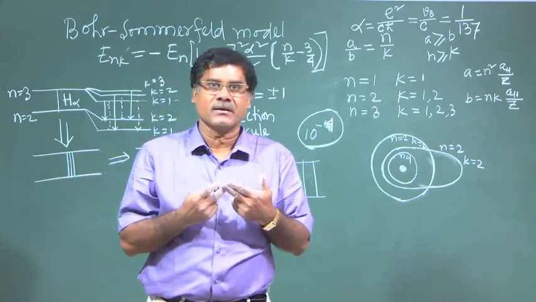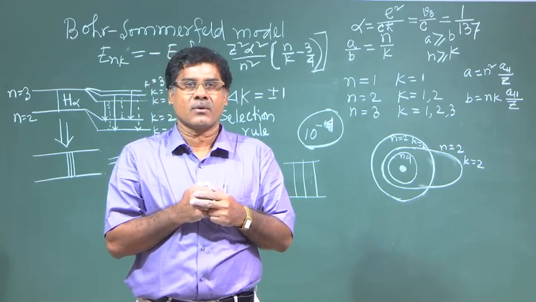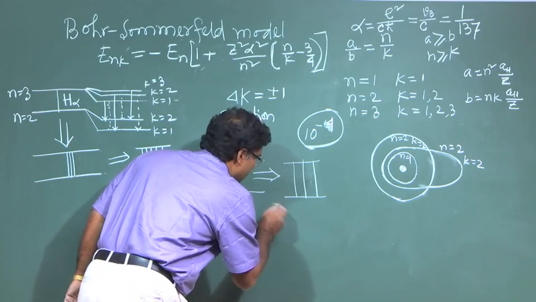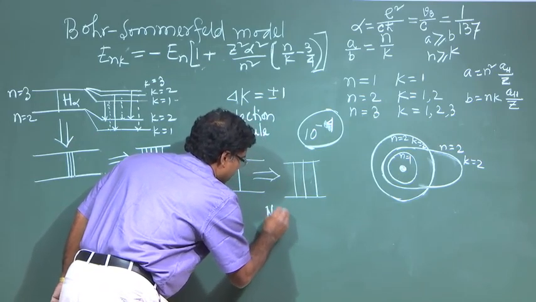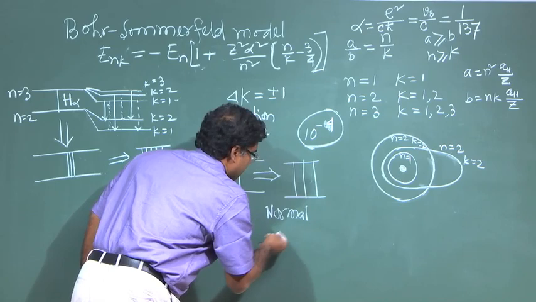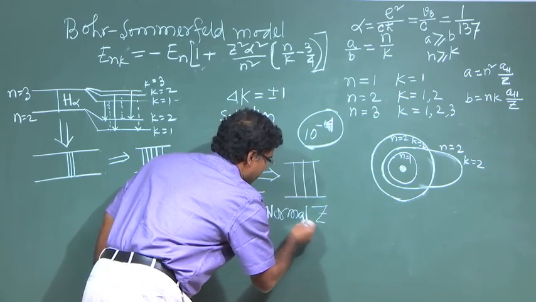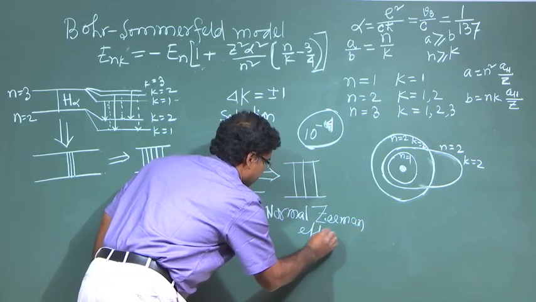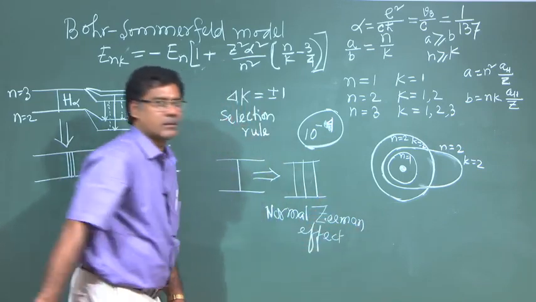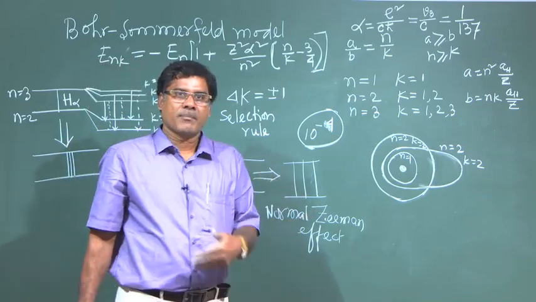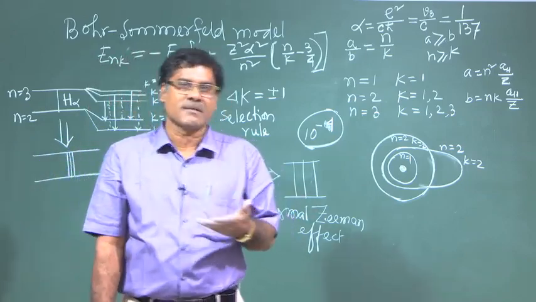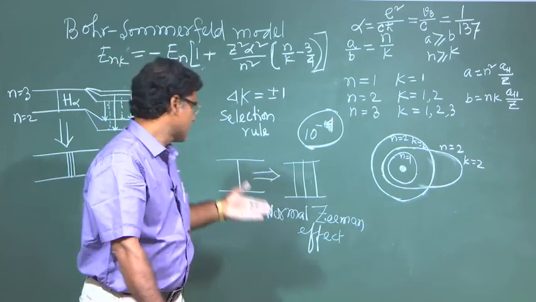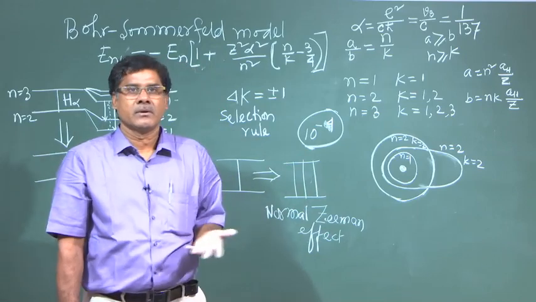So in the Zeeman effect, there are again two types: one is called the normal Zeeman effect, another is called the anomalous Zeeman effect. Normal Zeeman effect: when you apply a higher field, Zeeman observed that any spectral line splitted into 3 lines.